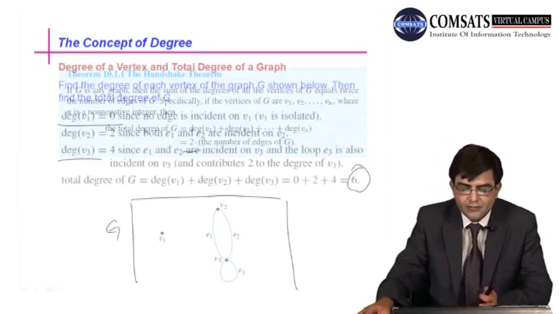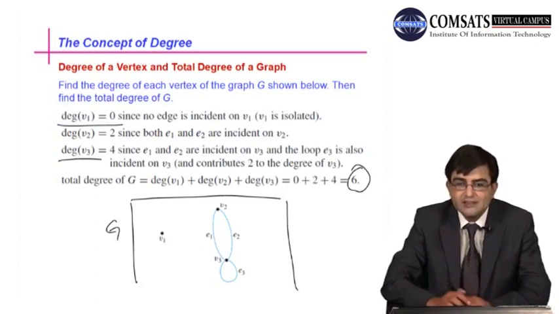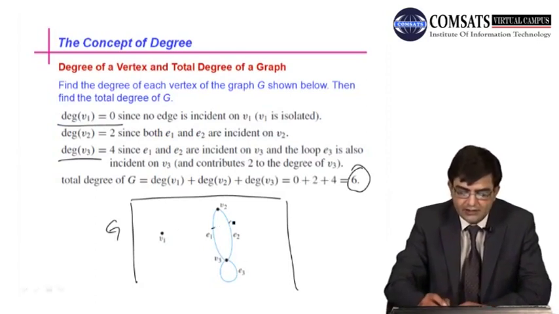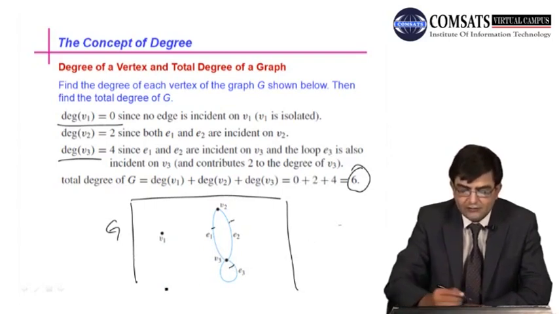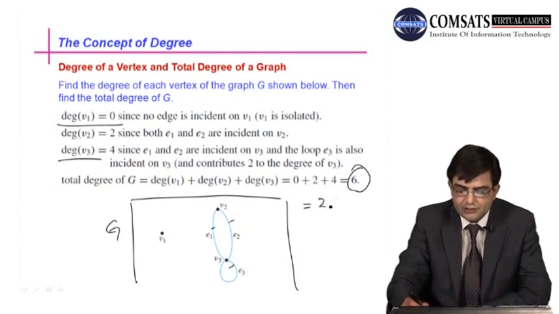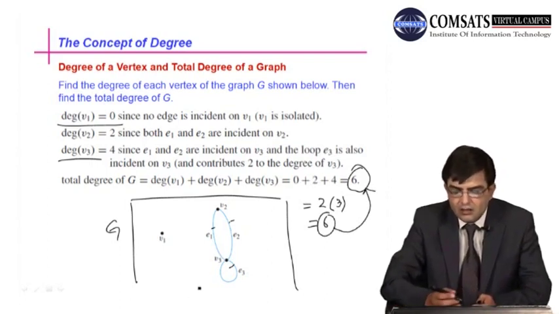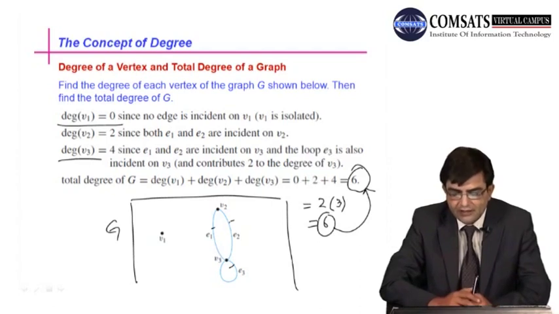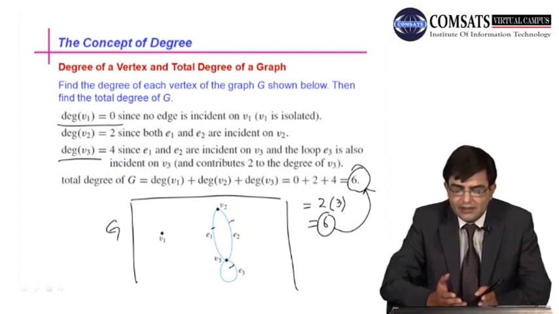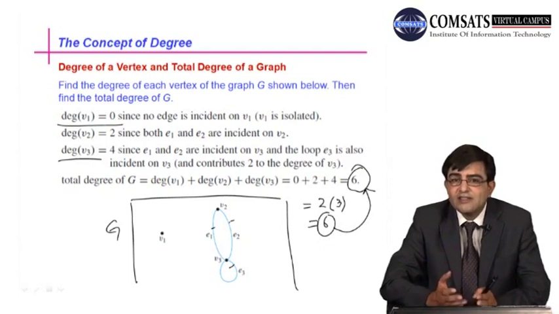So the total degree of G is 2 times the number of edges in G. For example, in the previous example, how many edges do we have in this graph? E1, E2 and E3. We have 3 edges, so the total degree of this graph will be 2 times 3, which is 6, so 6 is equal to 6. Why is this so? Because every edge is incident on 2 vertices. If E1 is an edge, then it will be incident on 2 vertices.